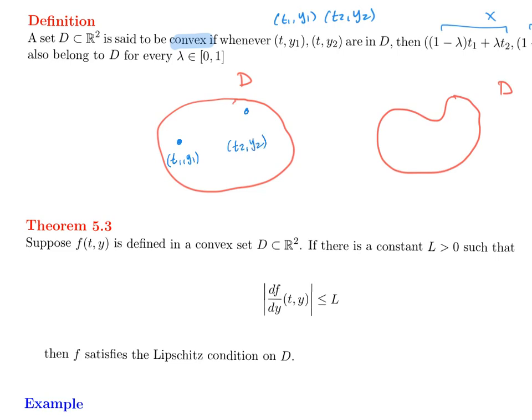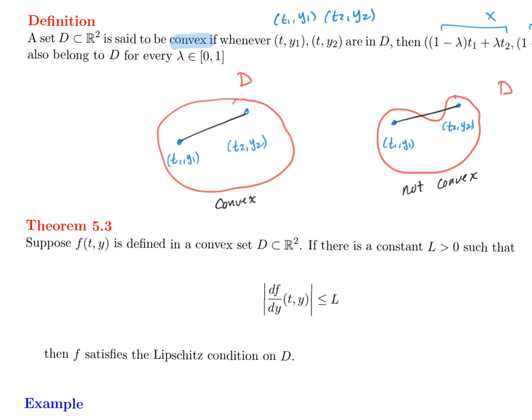If you make a straight line between the two points, you can see that the full line is still inside the set. So therefore this is a convex set. On the other hand, if you have a point here and the other point there, again this is (t1,y1) and this is (t2,y2), if you also make a straight line between the two, you can see that this part is not inside the set, so therefore this is not convex.